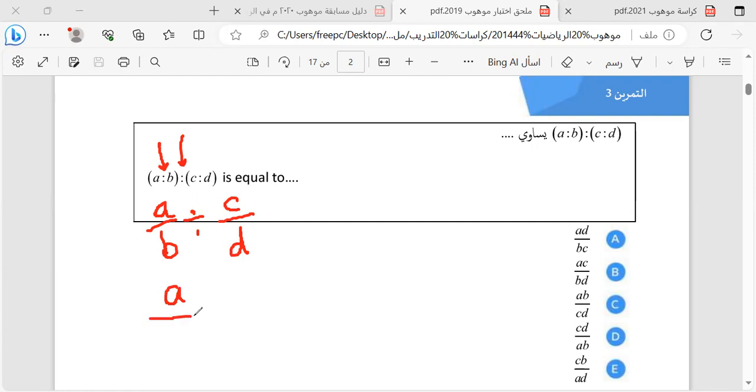So A over B, this division to D over C. Why D over C, not C over D? Because you convert division to multiplication, you must flip the second fraction. You know? Yes. Okay, then we multiply directly.